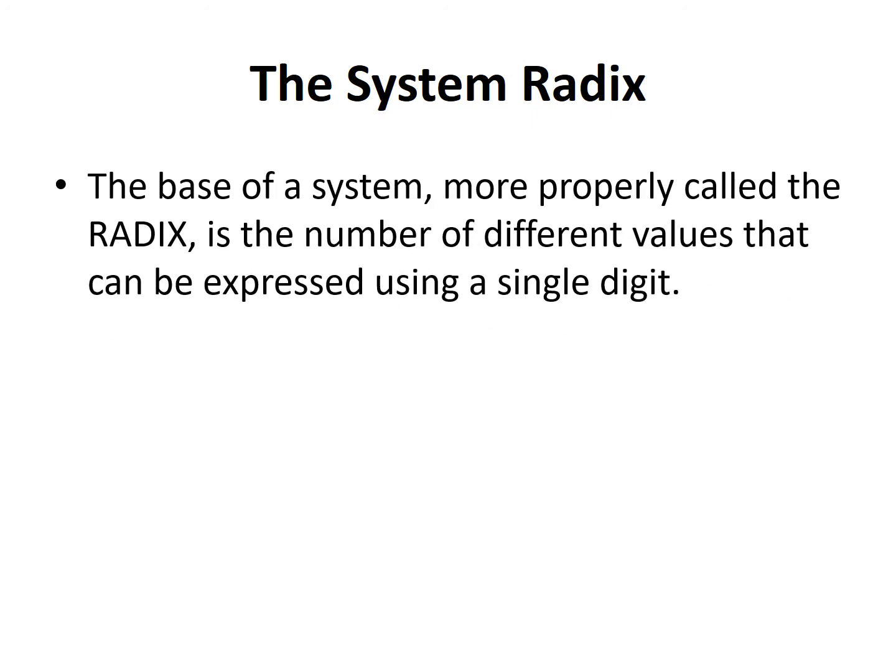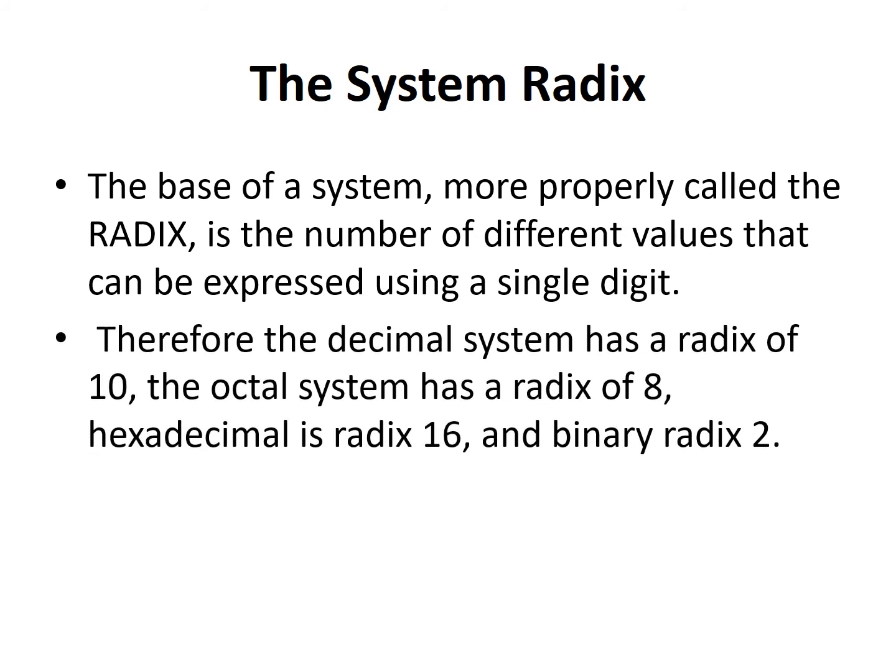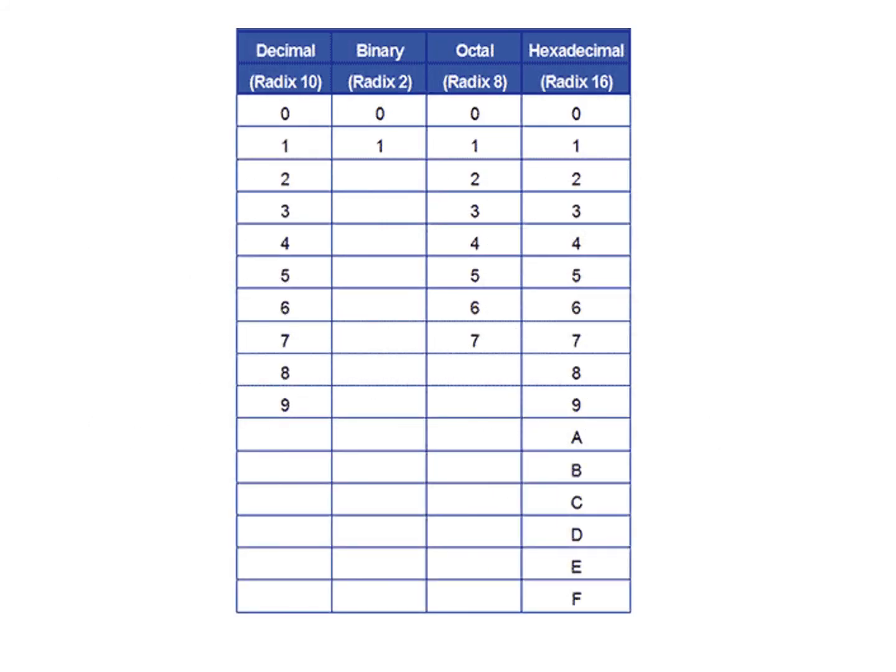The base of the number system, that is 10 base 8 or 10 base 16, the base 16, base 8, is called the radix. So the decimal number system has a radix of 10, the octal number system has a radix of 8, the hexadecimal number system has a radix of 16, and the binary has a radix of 2. These are the different types of number system representations.